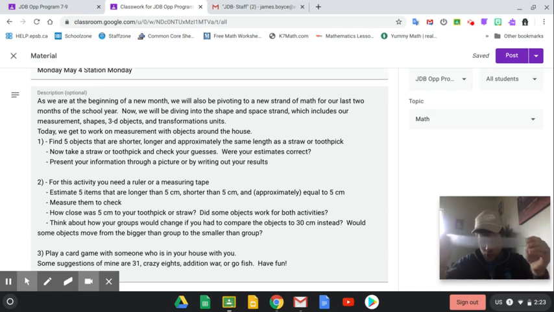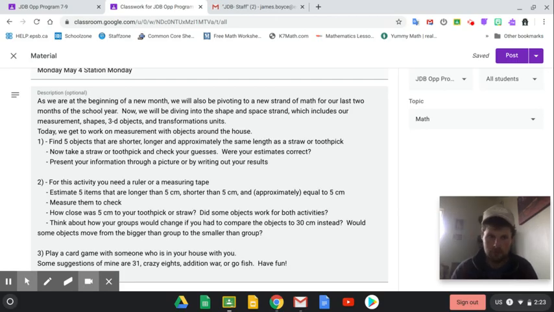Would those groups change then? Would some objects that were in the smaller group now be in the larger? Or would some objects that were in the larger than 5 centimeters group now be in the smaller than 30 centimeters group? Just think about that. If you write about that, that's excellent also. Nice. Those are our hard activities.